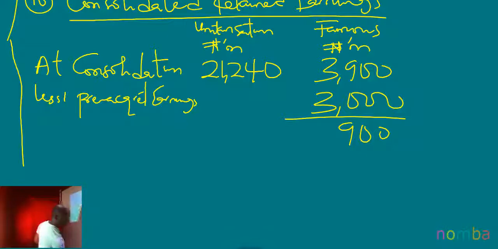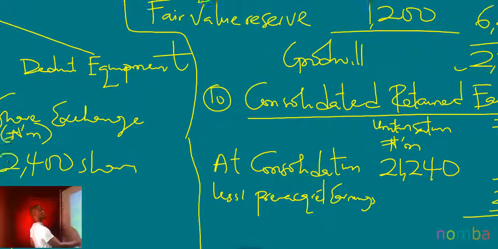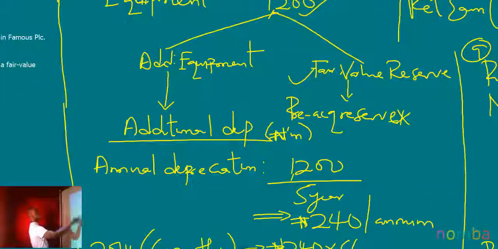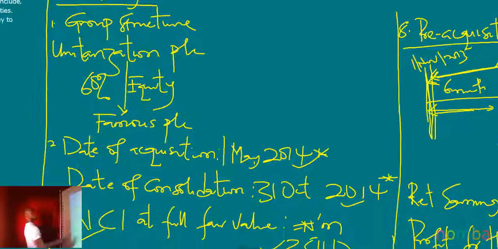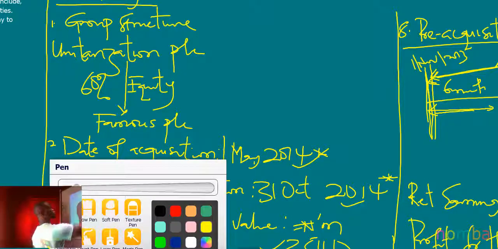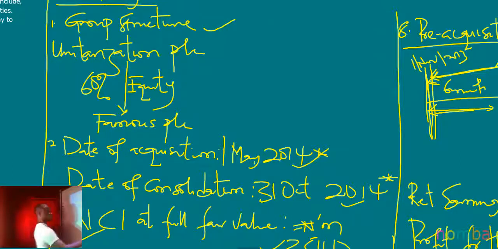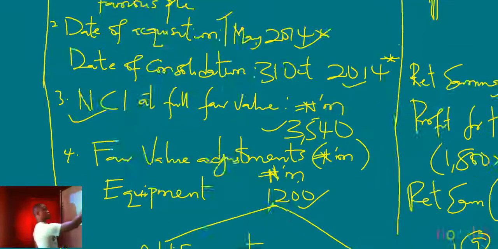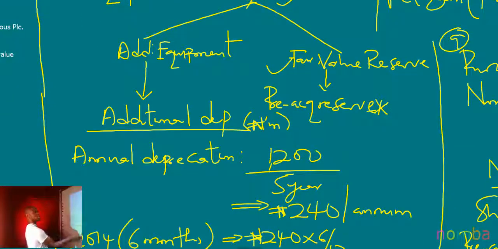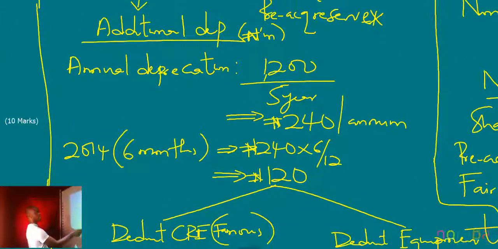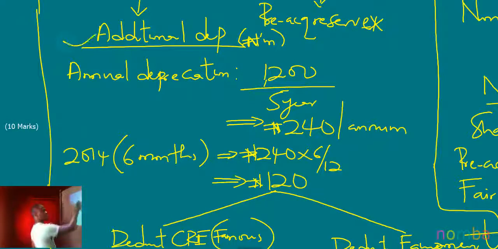So let's go to our workings now, from workings 1, and see if there is any item that would have affected the retained earnings of either the parent or the subsidiary. The additional information 1 was really on group structure, so it won't have any effects. Then the date of acquisition and the date of consolidation, then NCI, then fair value adjustments. Now, the fair value adjustments will affect. The only effect is the additional depreciation that we got as 120 million.